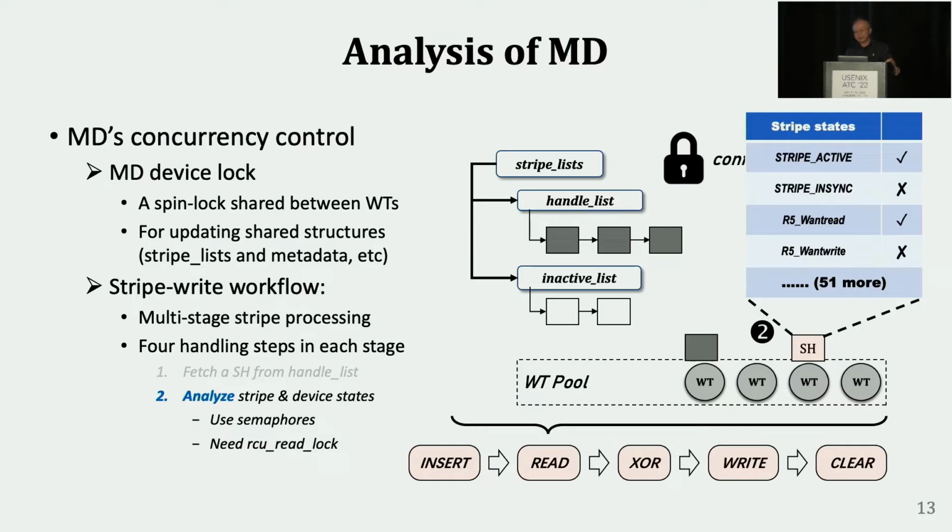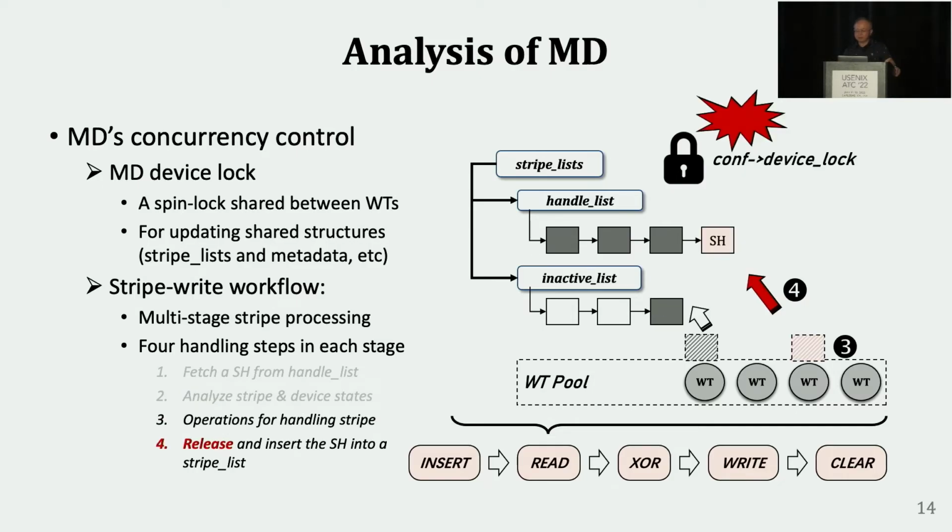As a result, MD has to use semaphore and RCU read lock to protect state analysis transactions, which increases CPU overhead further. Therefore, we suspect it is this protected access to shared locks and also the shared states that would be the culprit for this inefficiency.